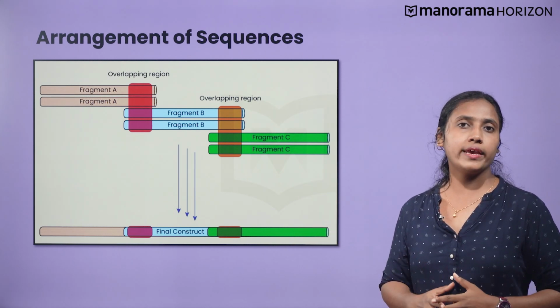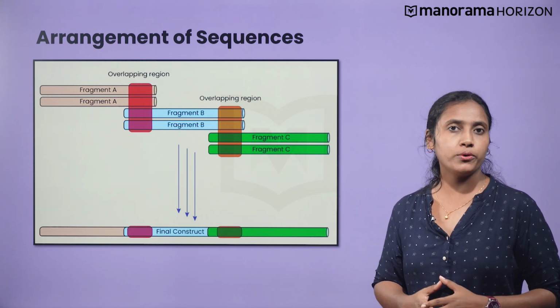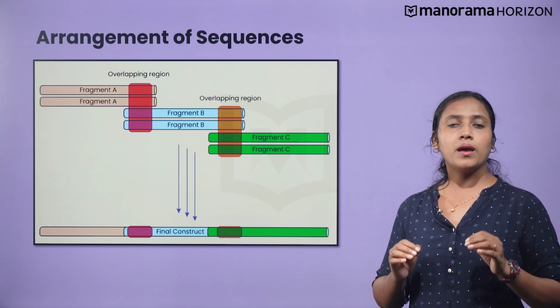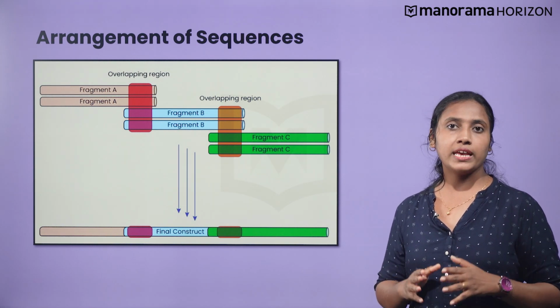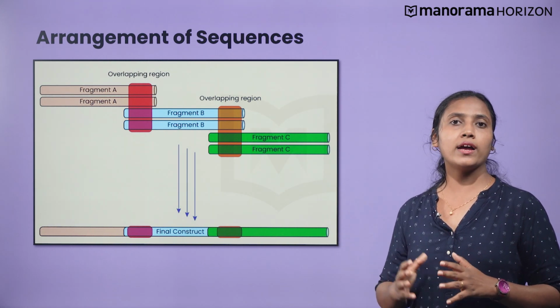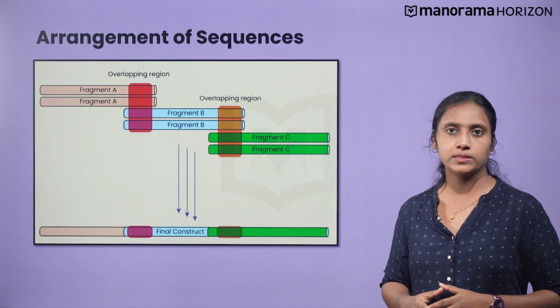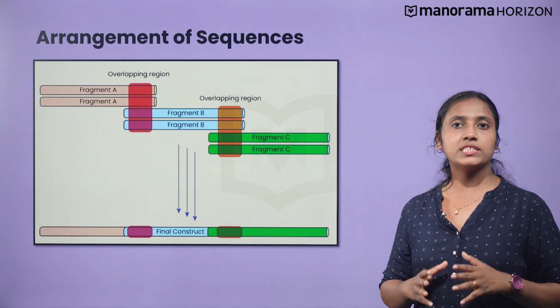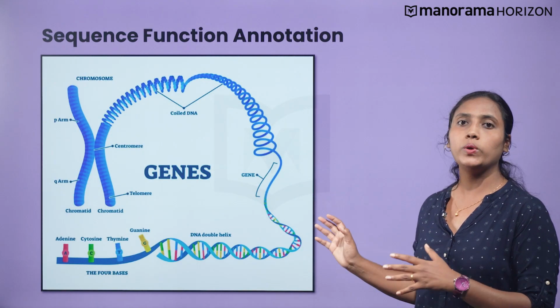So, what do you think, were the sequences arranged manually or using computational programs? Manual arrangement of these sequences is not possible. Hence, highly advanced computer-based programs were used for this purpose. In the last step, the sequences were functionally annotated and assigned to each chromosome.